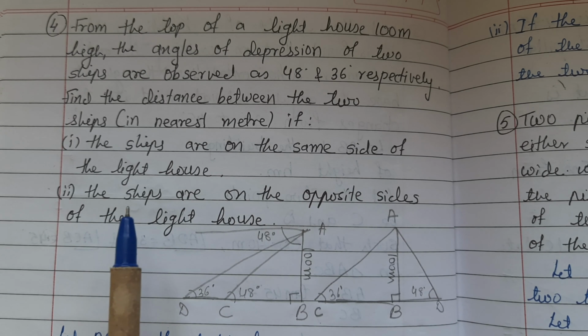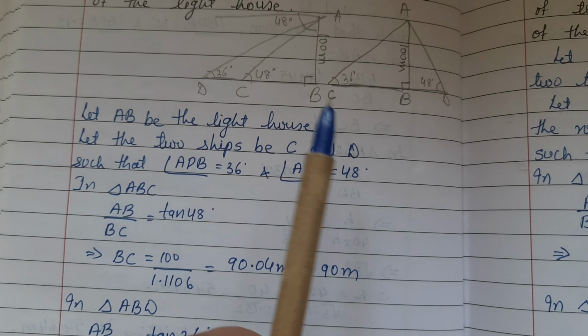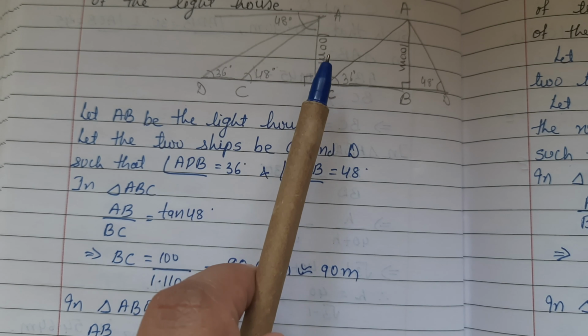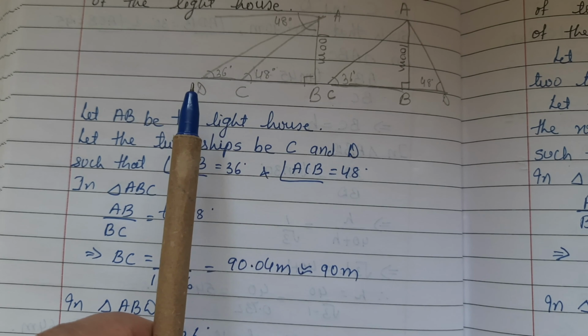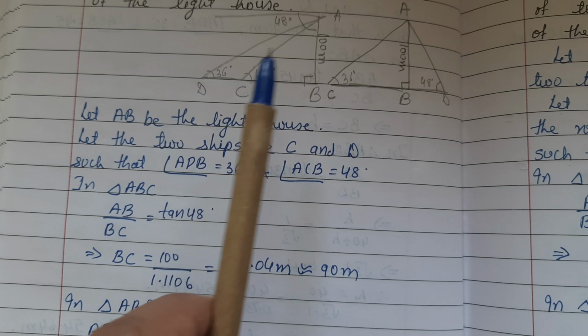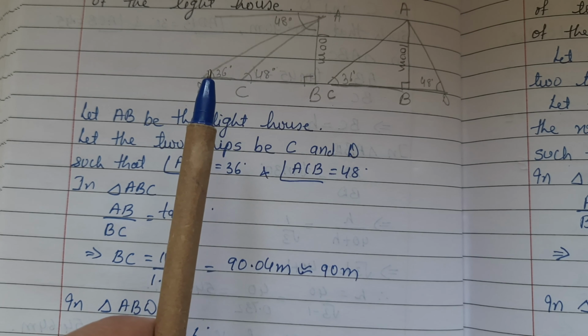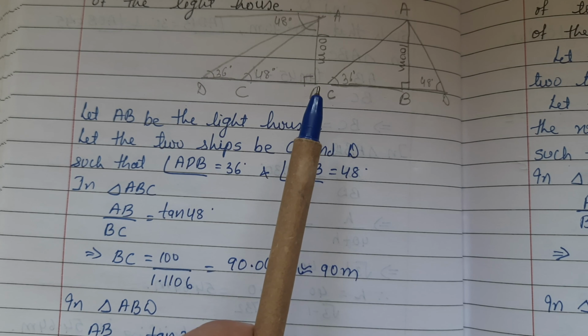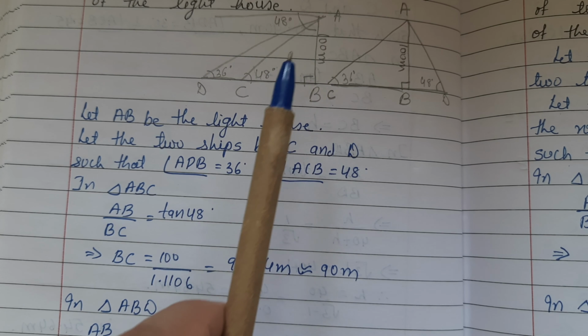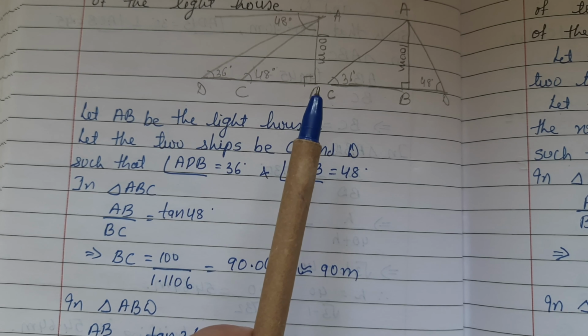Second part, the ships are on opposite sides of the lighthouse. Let AB be the lighthouse and two ships C and D such that angle ADB equal to 36 degree, angle ACB equal to 48 degree.